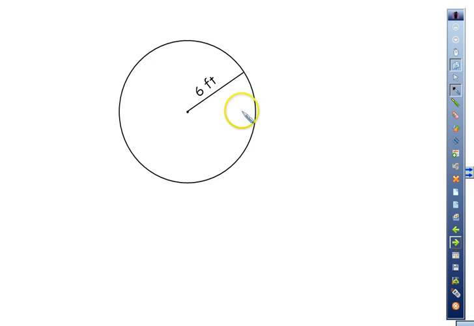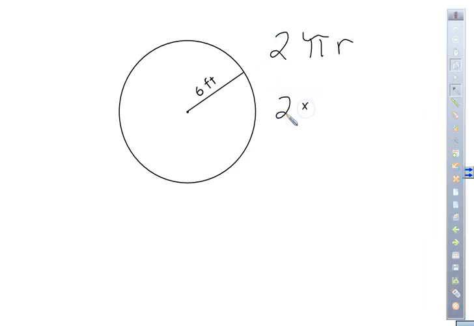All right, using our formula, again, they gave us the radius, so that's going to be 2 pi r. So we're going to plug these in: 2 times 3.14 times my radius, because that's what they gave us, which is 6. Now we can literally plug all of these in, or you can say 3.14 times 12 because of 6 times 2.